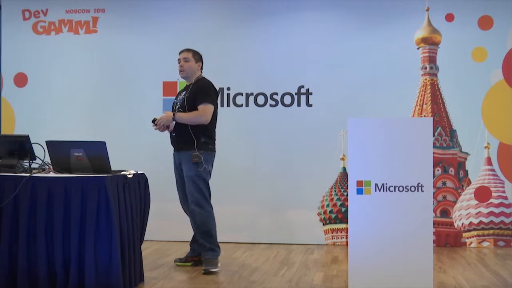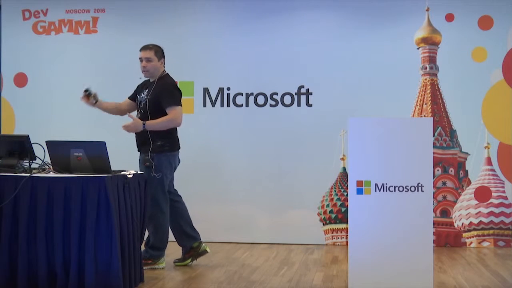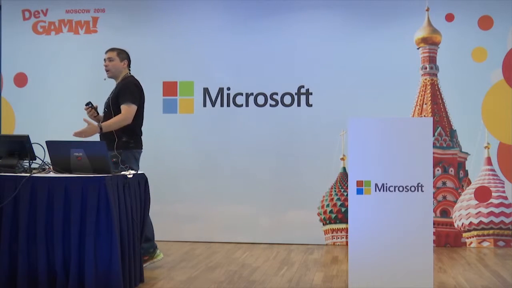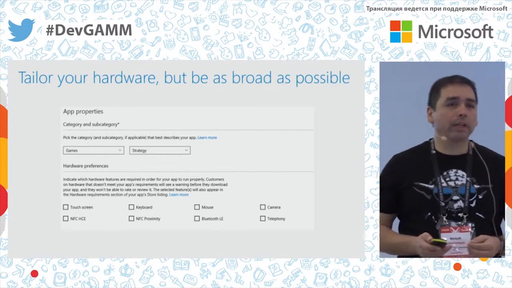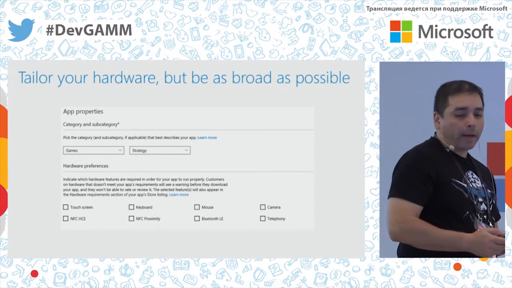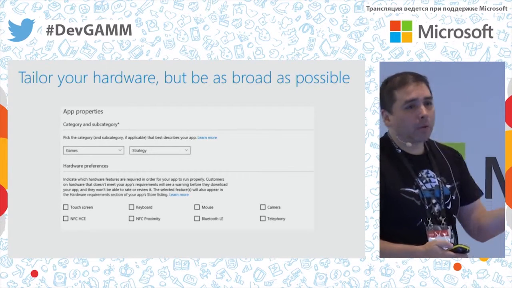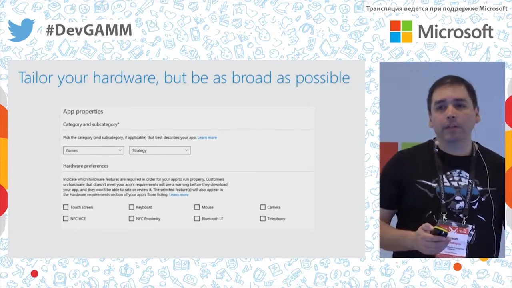While you're submitting, we also give you the ability to tailor your hardware. So, throughout our platform, because we're universal, you can write a game that's mobile, a game that runs on PC, a game that requires touch, and all sorts of things. So when you submit your game, we do give you the ability to say, oh, my game requires maybe a sensor or NFC.